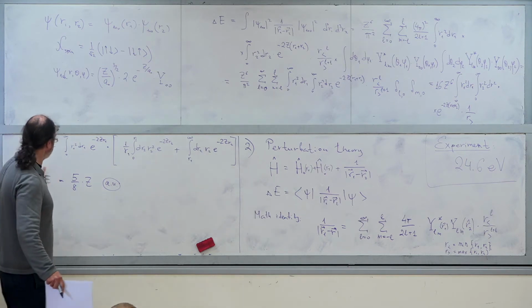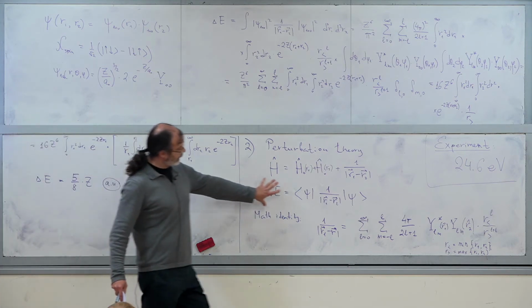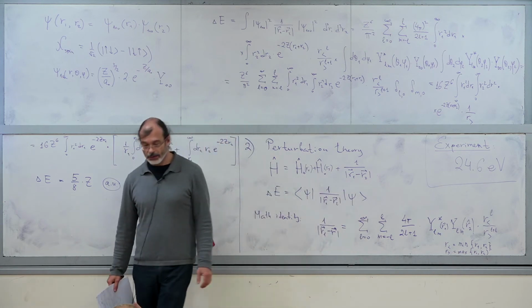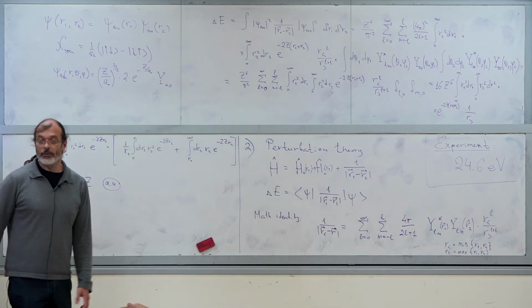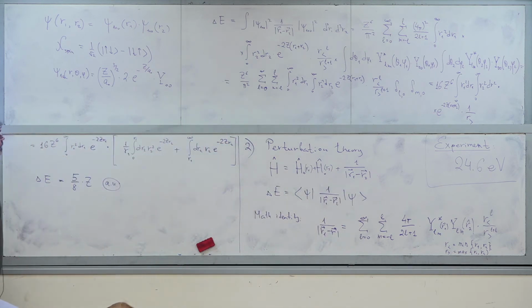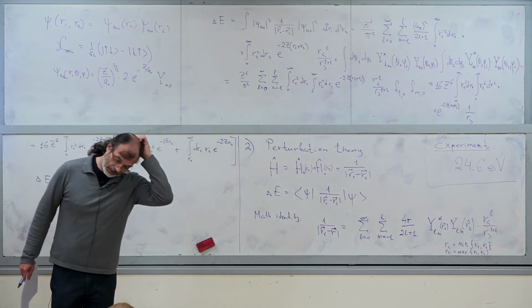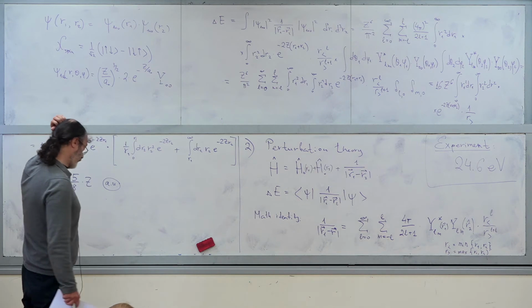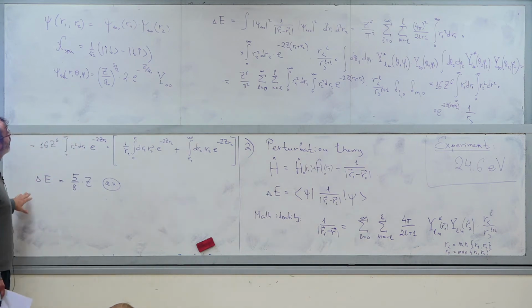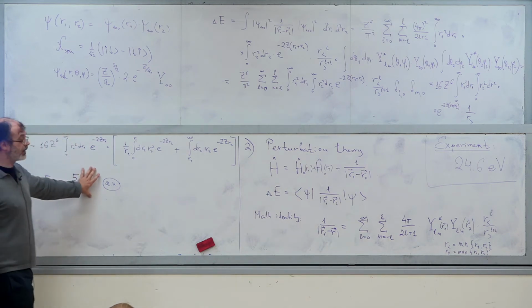This is essentially the calculation of this part, once we assume the same orbitals and the symmetric wave function for the ground state electrons. So now that's the answer.